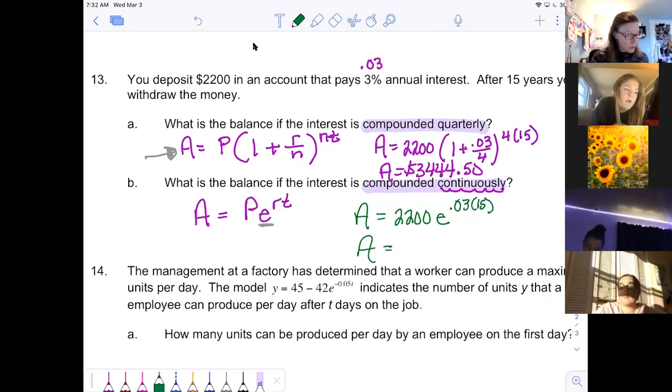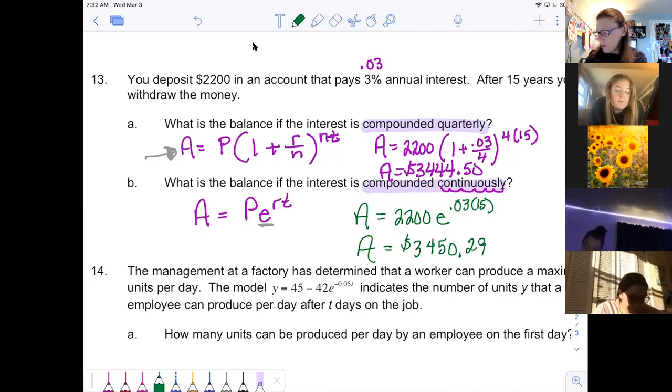The second one, when you use the PERT formula, you end up with $3,450.29. So the goal is for you to see the difference, and you have more money when it's compounded more times. And that's because you're earning money, and after you earn money, you get interest on that extra money that you earned. So that's how interest works.